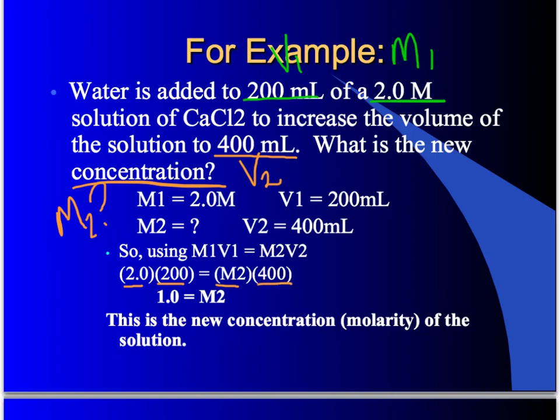When you do the algebra to get M2 alone and solve for M2, you're going to come up with the answer of 1. So that's your answer for this problem. And that's how you would solve a molarity or concentration problem using the formula M1V1 equals M2V2.